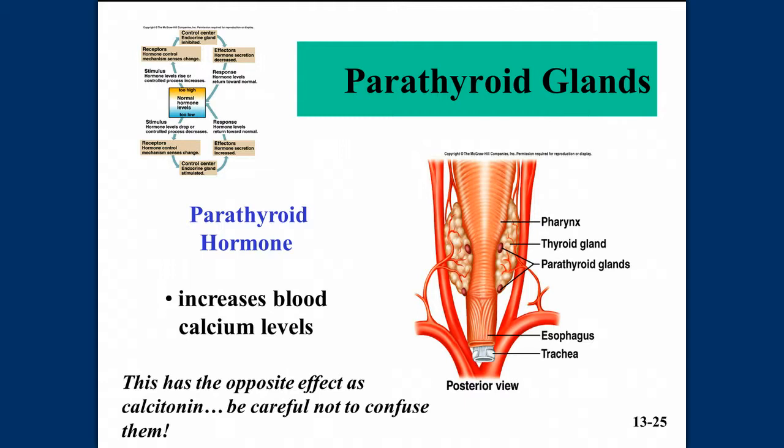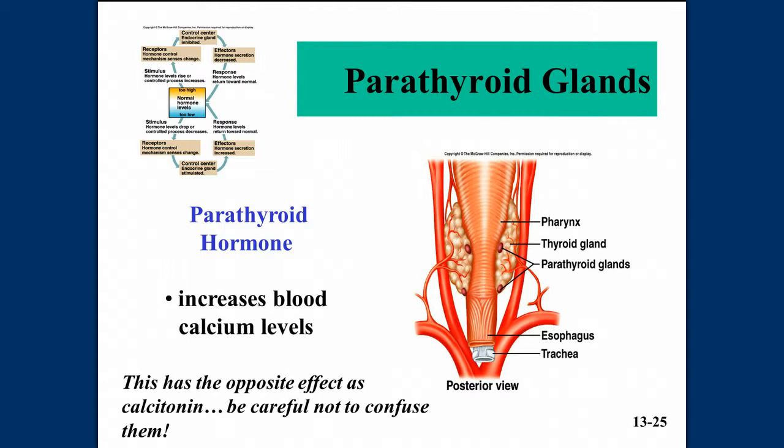So calcium levels in the blood will stimulate the release of parathyroid hormone if calcium levels are too low, so that calcium levels can be increased by the action of osteoclasts, and also by the kidney releasing or maintaining calcium levels in the blood instead of excreting them.